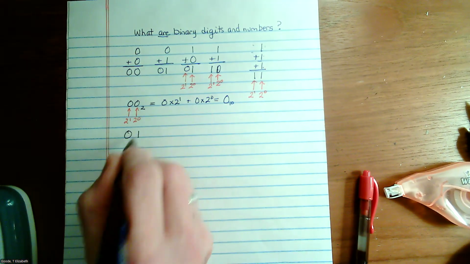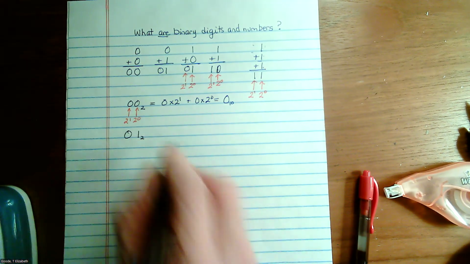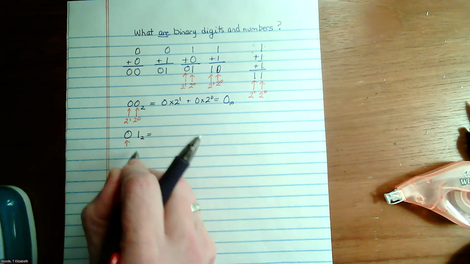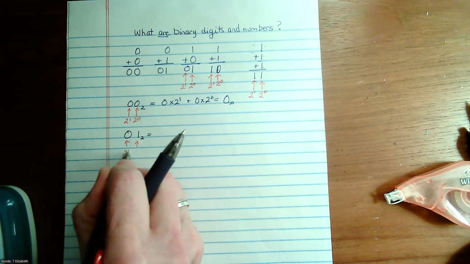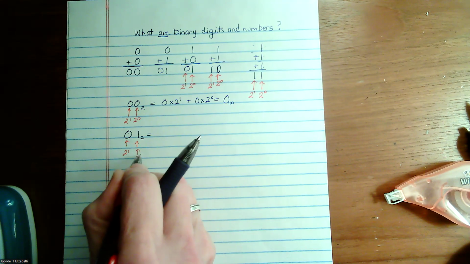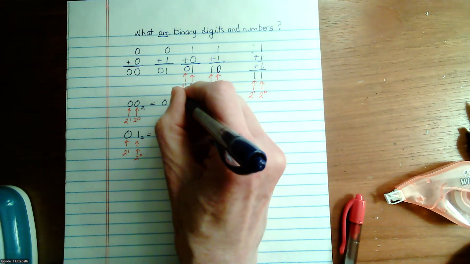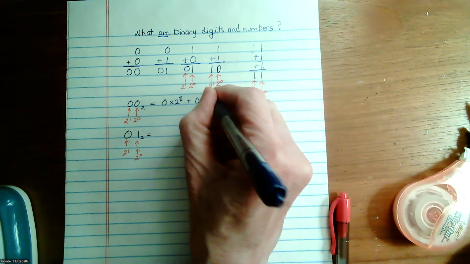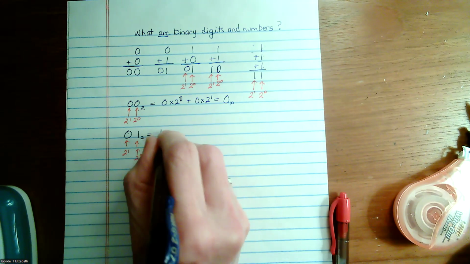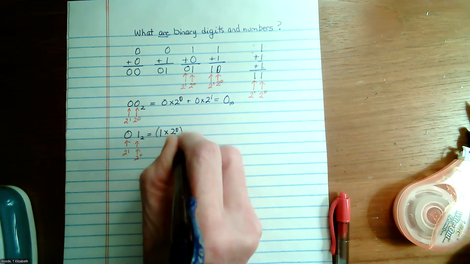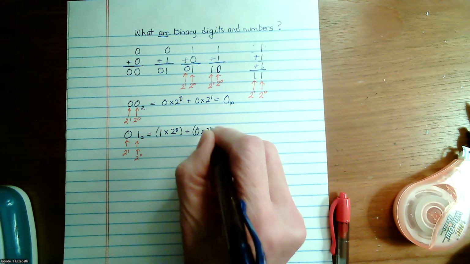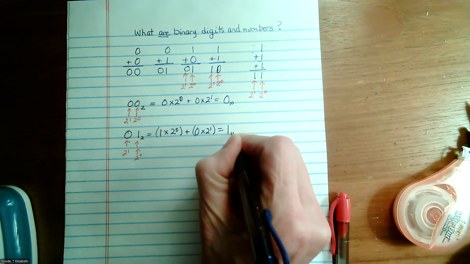But 01 in base 2, well, maybe I should do this in the opposite order. It's 1 times 2 to the 0 plus no copies of 2 to the 1.